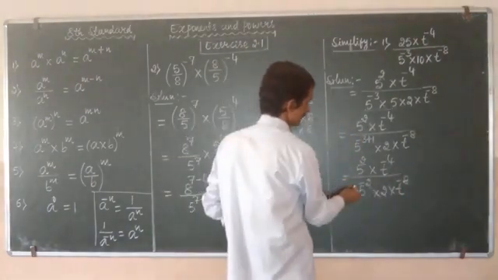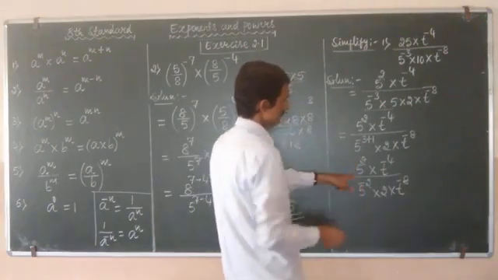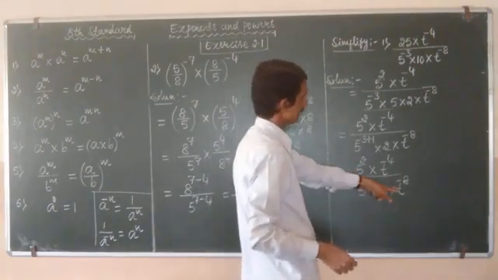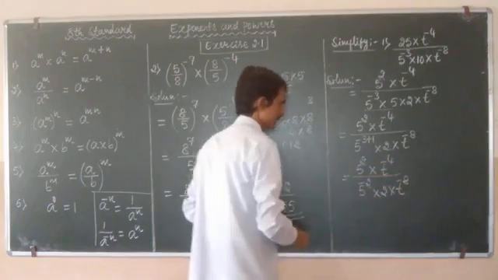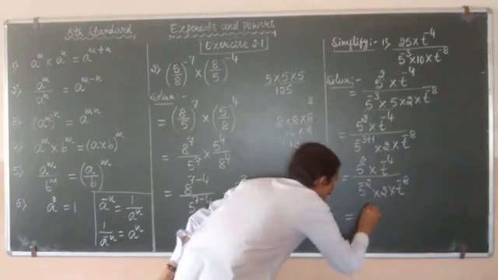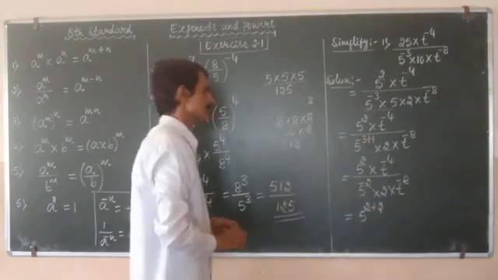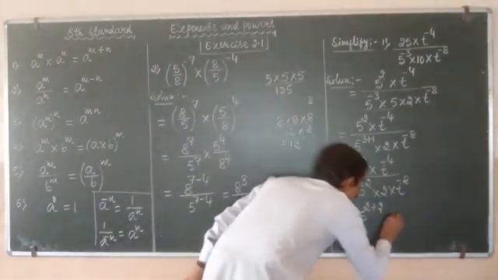Now this 5 to the power of minus 2, if you take to the numerator, and 2 to the power of 8 to the numerator, then this will become 5 to the power of 2 plus 2 into 2.